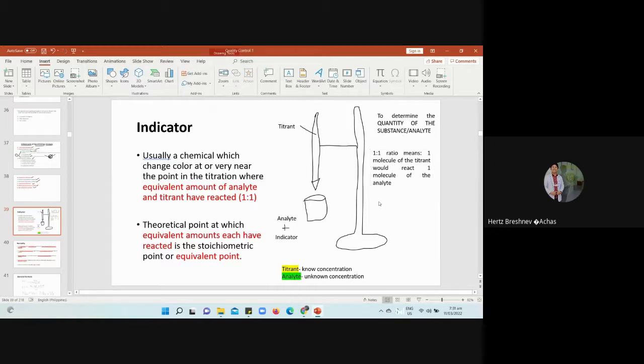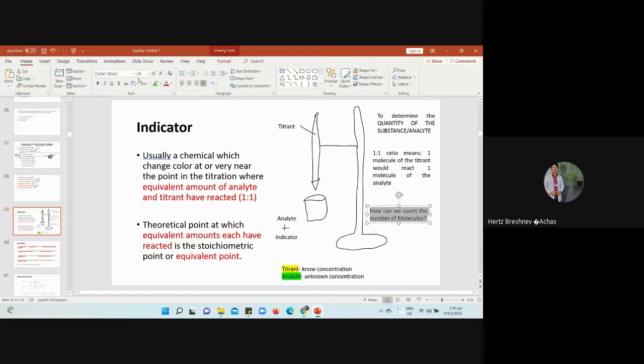Now, the biggest question that would come up in your mind is: how can we count the number of molecules in order to achieve the 1 is to 1 ratio? That is the biggest question that we will answer. How do we count molecules that we cannot even see?